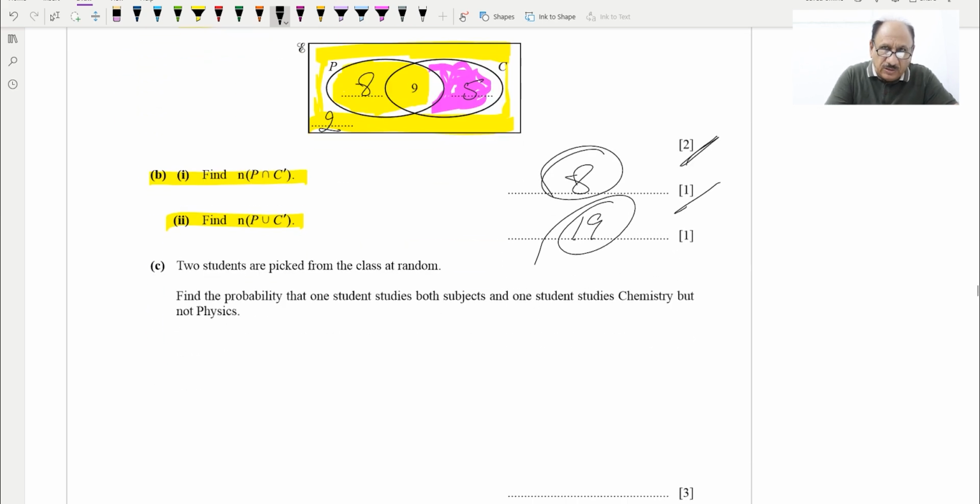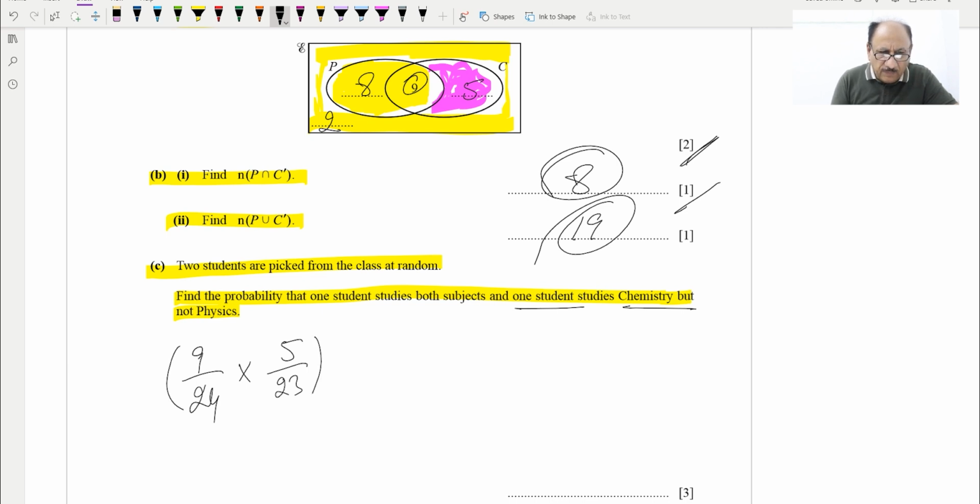Now they are saying that 2 students are picked from the class at random. Find the probability that 1 student studies both subjects and 1 student studies chemistry but not physics. Both subjects are 9, so 9 out of the total, which is 24, and chemistry but not physics is 5 out of 1 less of the total, which is 23.